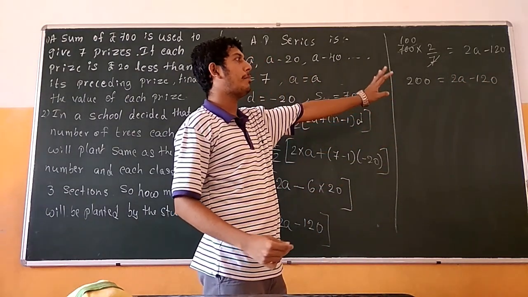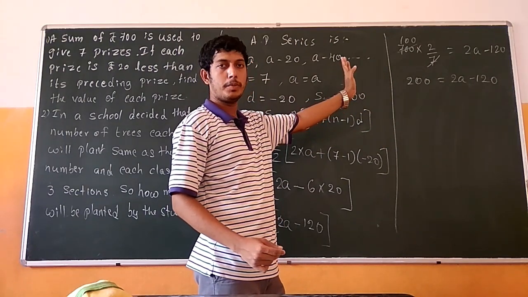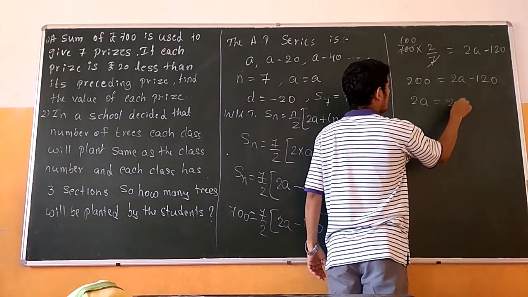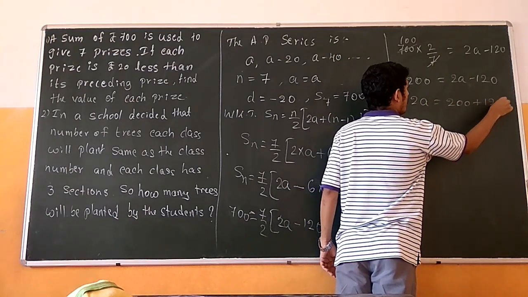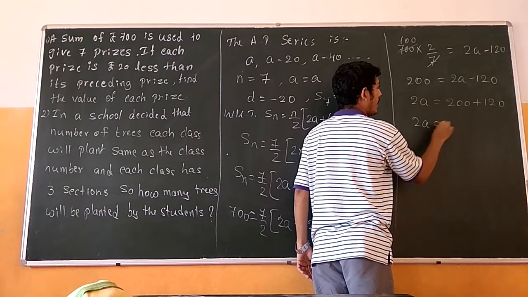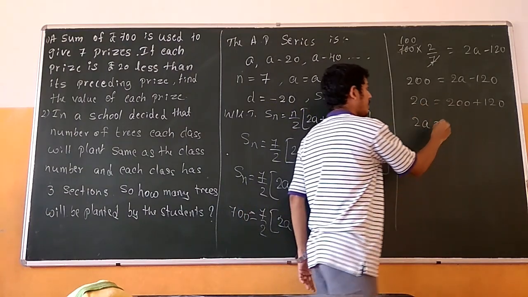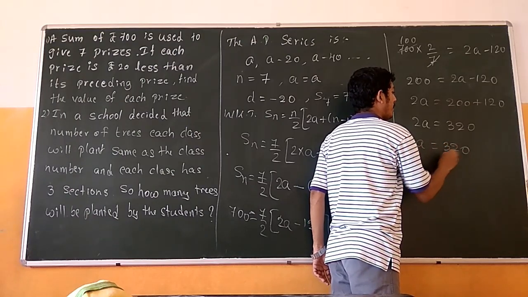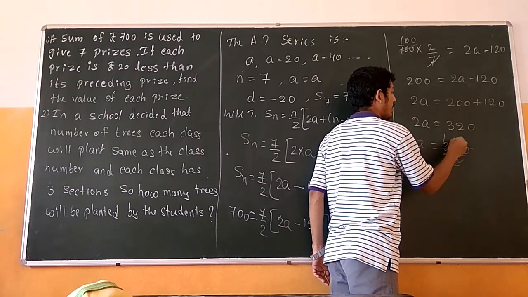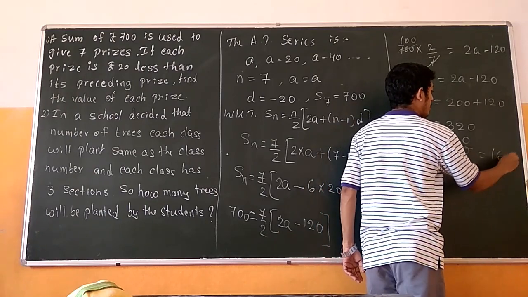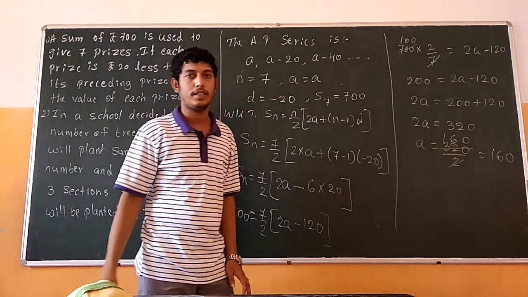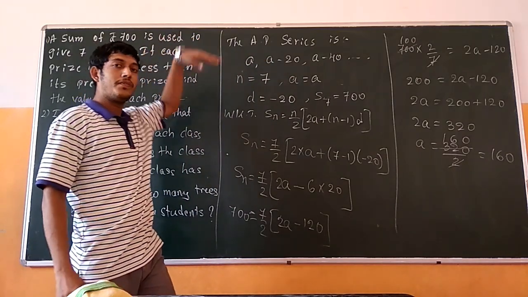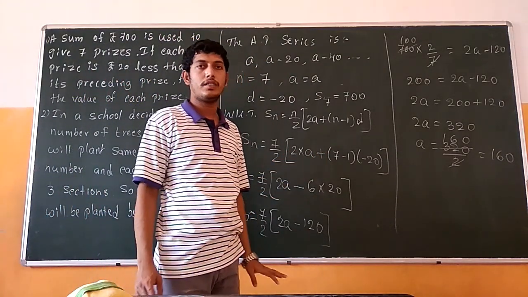So now I will take that minus 120 to the left hand side, it becomes plus 120, and I will rearrange. It becomes 2A is equal to 200 plus 120, which becomes 320. A becomes 320 by 2, which is 160. Therefore, the cost of the first prize is rupees 160.